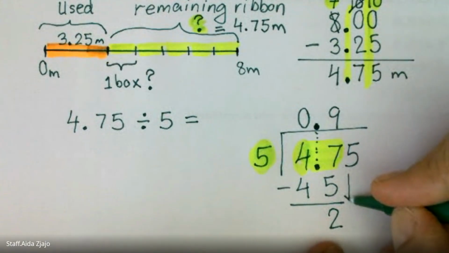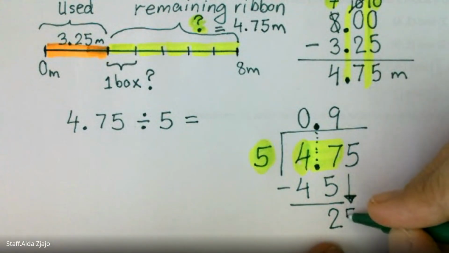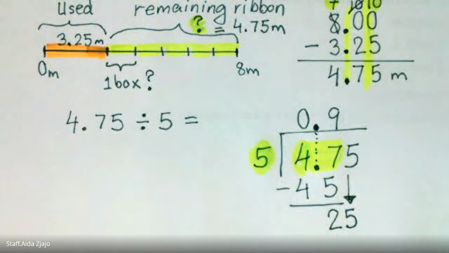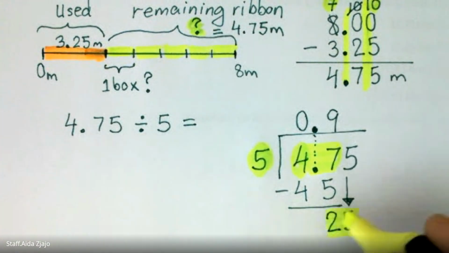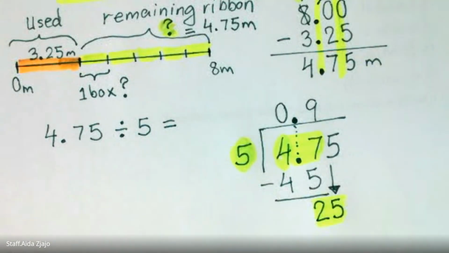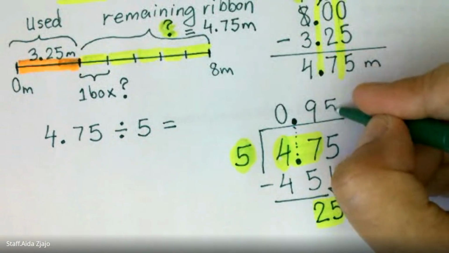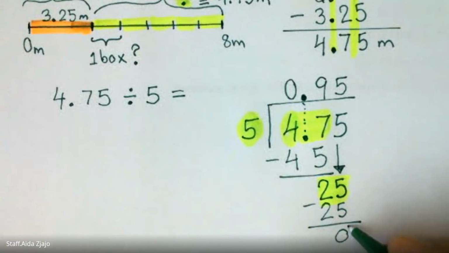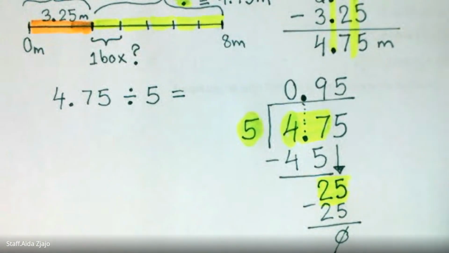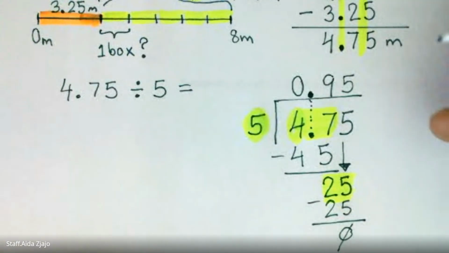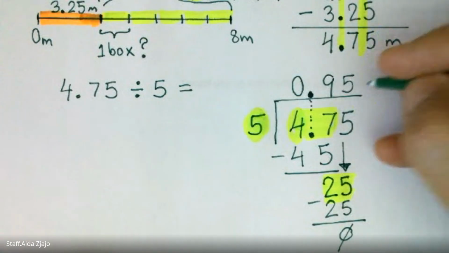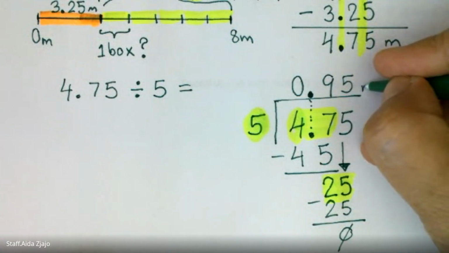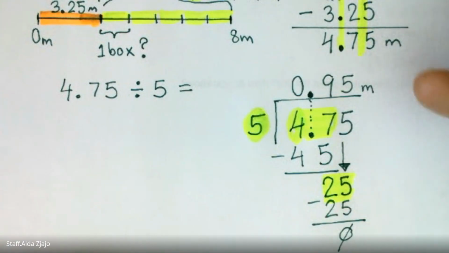I bring down the hundredths, so now I have 25 hundredths. I can share equally 25 hundredths into 5 groups. Each group will have 5. So 5 times 5 is 25, and I have no remainders. So my answer is 0 meters and 95 hundredths of a meter will be used for each box.